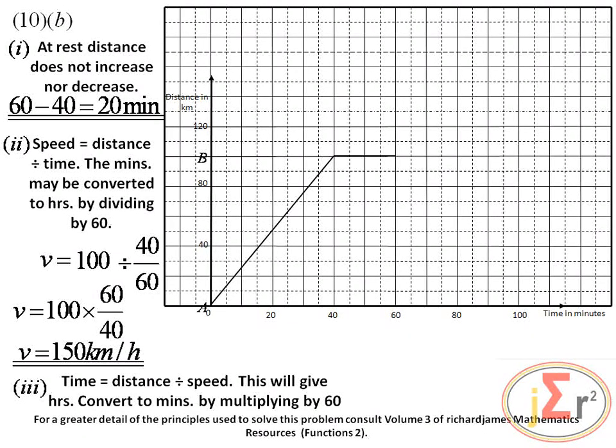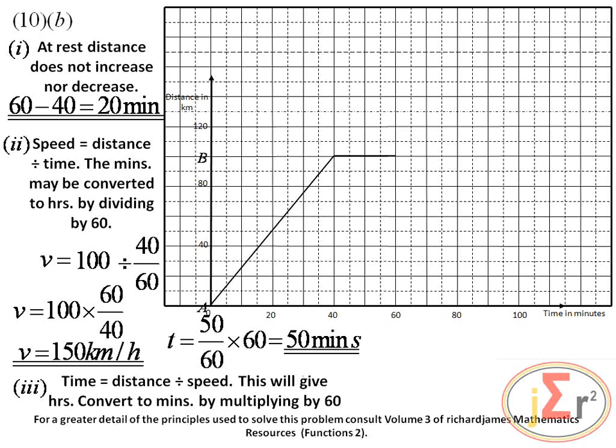Divide and then we multiply by 60. We say distance divided by speed multiplied by 60 and we get 50 minutes. So we are sure that the time will be 50 minutes.